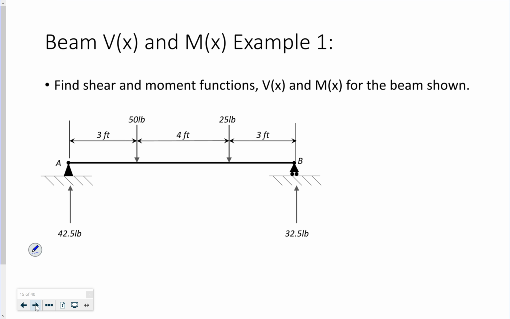This concentrated force right here and this concentrated force right here. On one side, I'm going to have a different function than on the other side of each of these individual concentrated loads. So this is my section 1, this is my section 2, and this is my section 3.